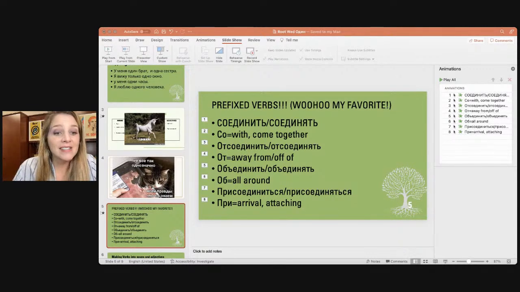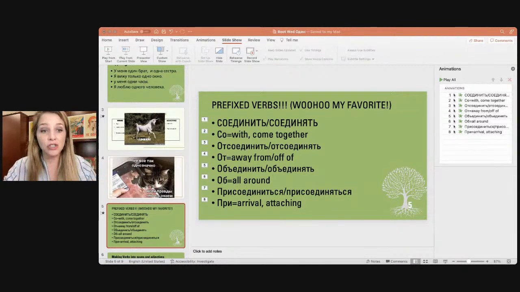So присоединиться, при meaning arrival or attaching to something. So how would you translate this word? Присоединиться. So let's look at, so присоединиться means to join, and then you're going to pair it with the preposition к and dative case. And we'll look at that in context in just a minute.